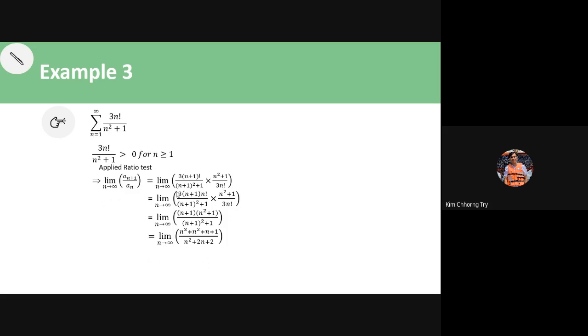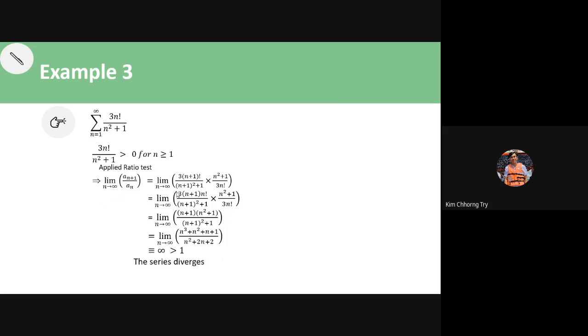So our limit is equal to infinity by the limit rule, and by the ratio test, our series diverges.